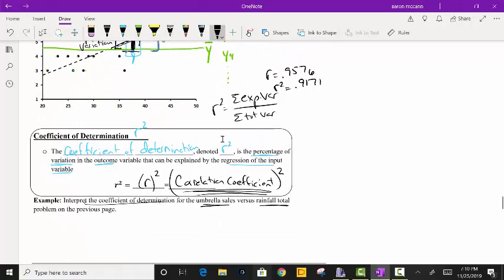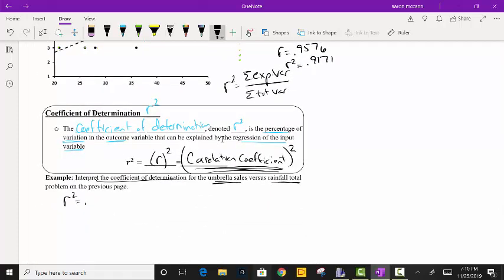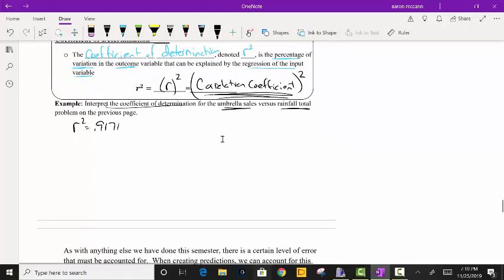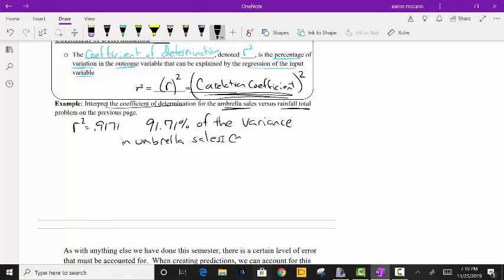So the fact that R squared equals 0.9171, the way we would interpret that is 91.71% of the variance, or of the variation, in umbrella cells can be explained by the regression of rainfall.